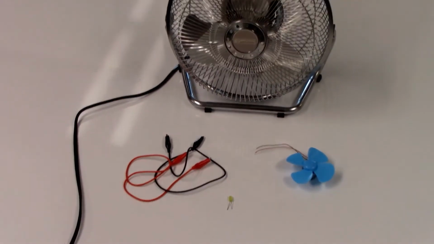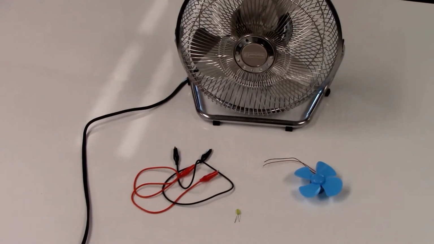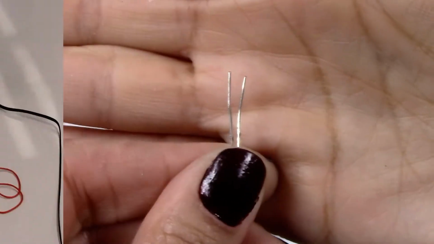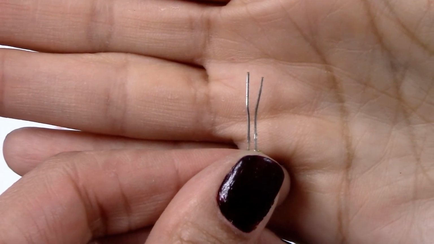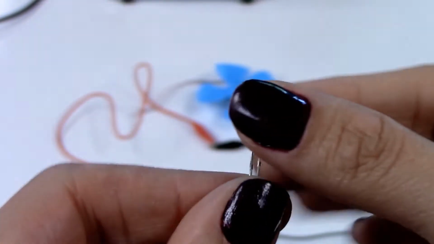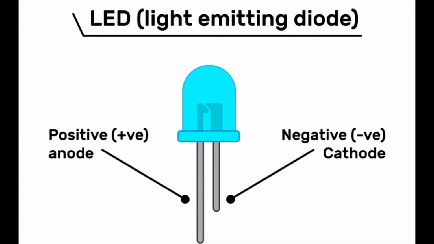Now I'm going to show you how we are going to conduct this activity. The LED has 2 legs, one is longer than the other one. The longer leg is the positive side of the LED, called the anode, and the shorter leg is the negative side, called the cathode.